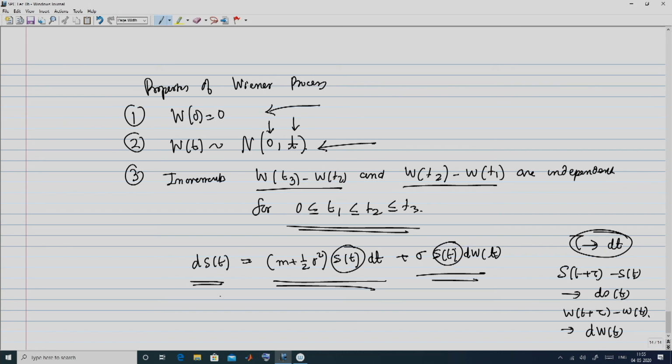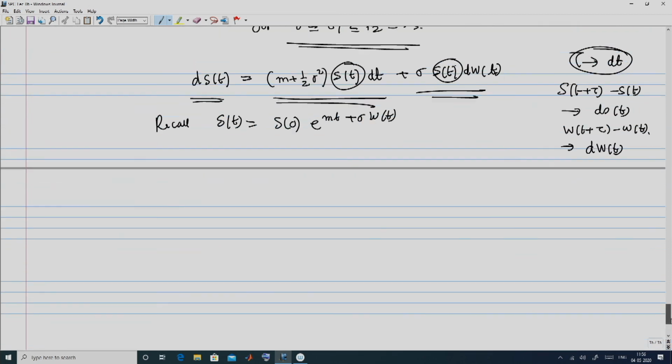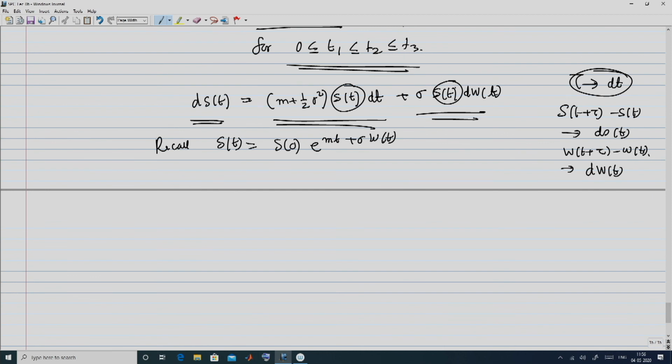Okay, now, we recall that S(t) is equal to S0 times e raised to mt plus sigma W(t). This is what we had done earlier, and this now follows as a limiting case of the binomial distribution.